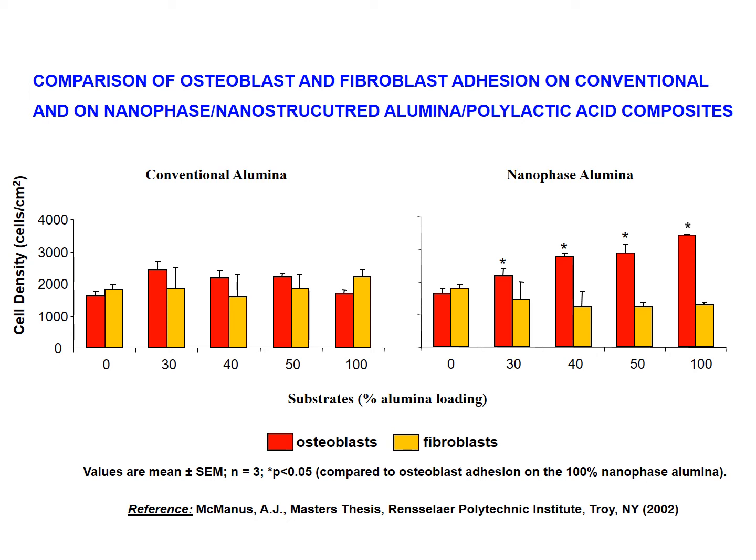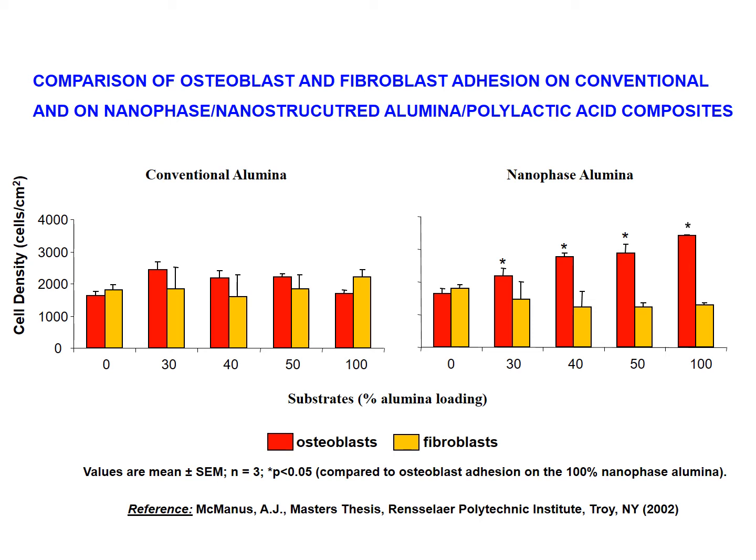You notice that on the y-axis we have the number of cells which were adhering on the respective substrates, and the substrate composition was 0% alumina, which means 100% polymer, then by weight 30%, 40, 50%, and then 100% alumina, which means 100% ceramic.